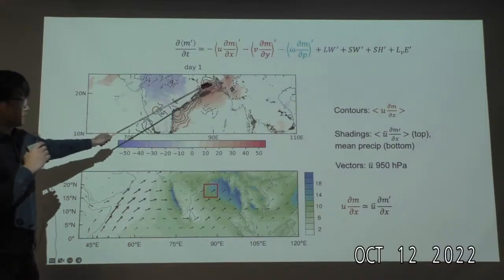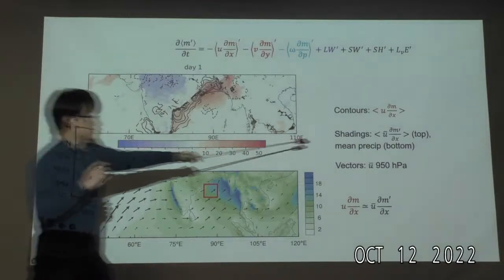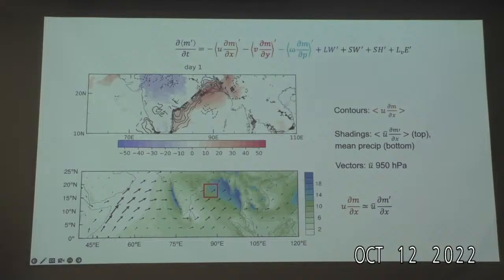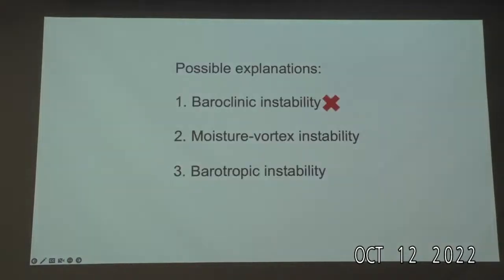So I think that's why this term is sensitive to the shape of the coastline. So now we have confirmed that the MVI is true in this system, because the contribution from the meridional advection is really high. And next, we're going to look at whether barotropic instability exists.